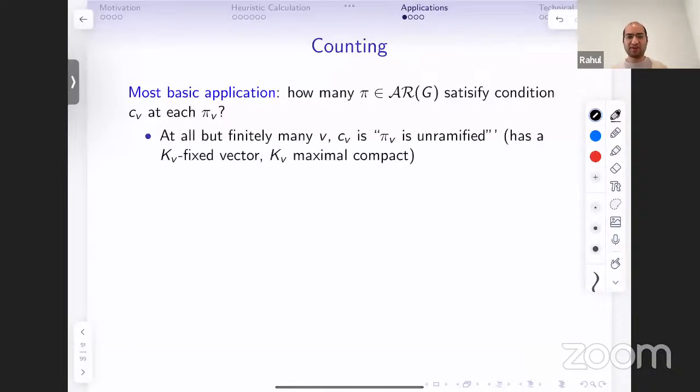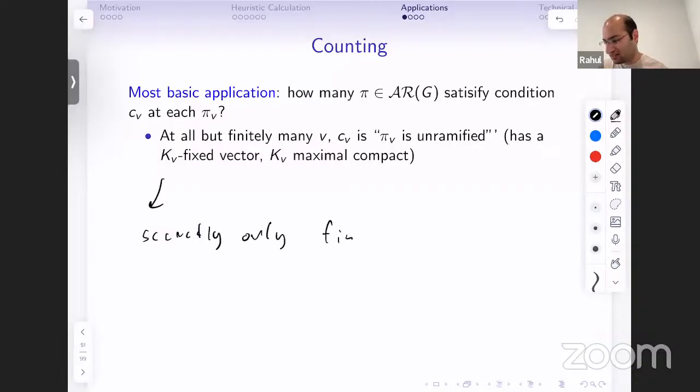Because remember in our factorization we have this technical condition that pi_v needs to be unramified at almost all places. So if we want a non-zero count, our condition C_v at all but finitely many places should be that this pi_v is unramified. And again, unramified means it has a fixed vector under a maximal compact. So basically, when we're doing this counting problem, the key point is there are secretly only finitely many conditions.